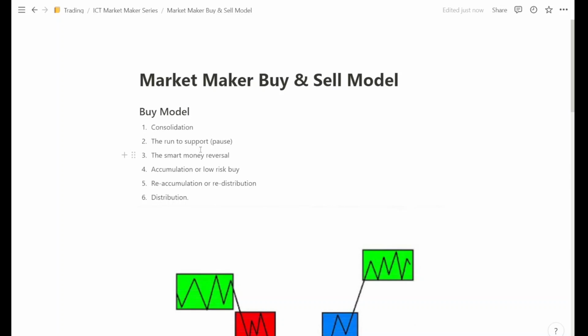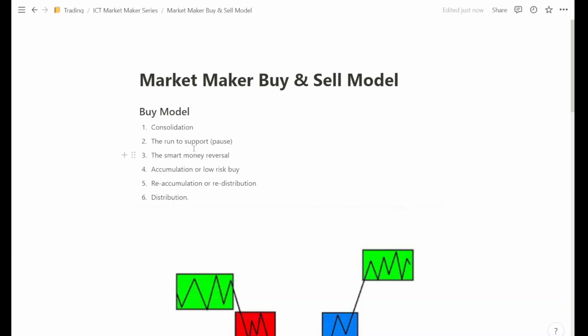And a lot of what I'm going to be sharing are things that I discovered from some of his videos. Some of them are not even based on this model. Some of them are maybe based on market structure, but when you put all of it together, then you begin to see how clean and clear this model is.